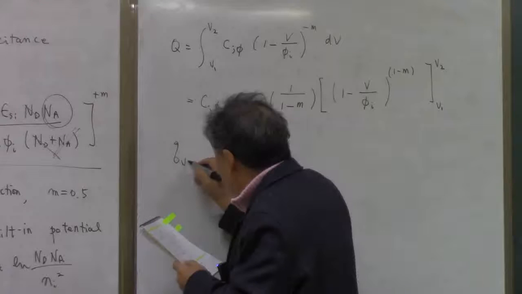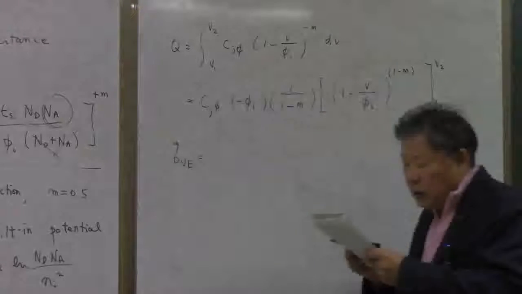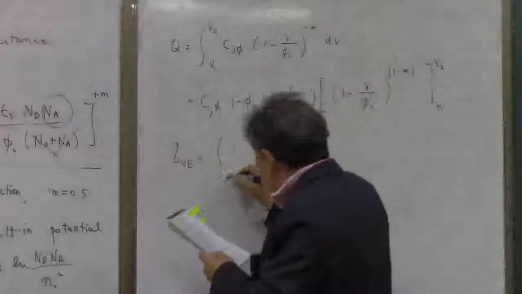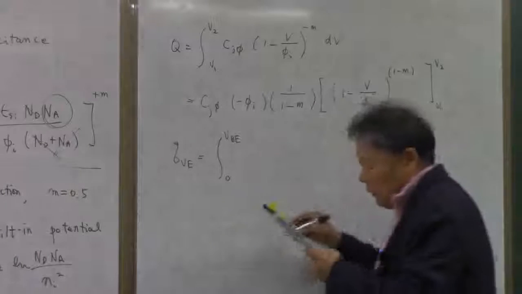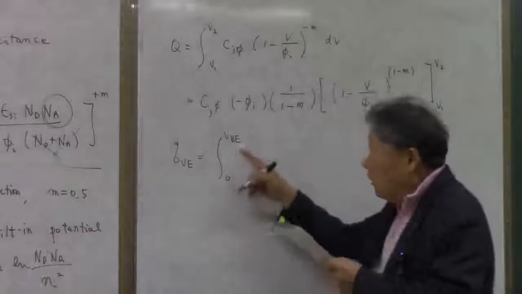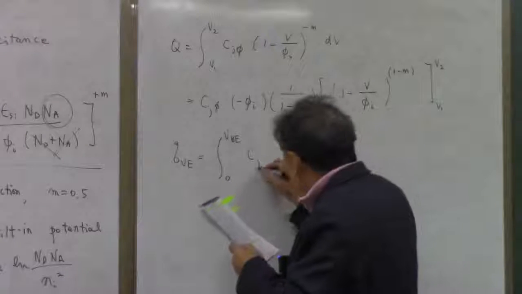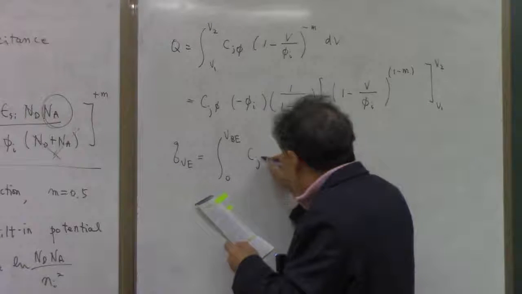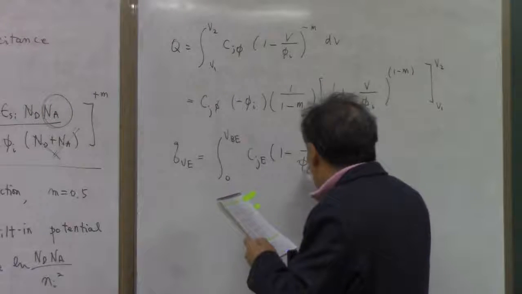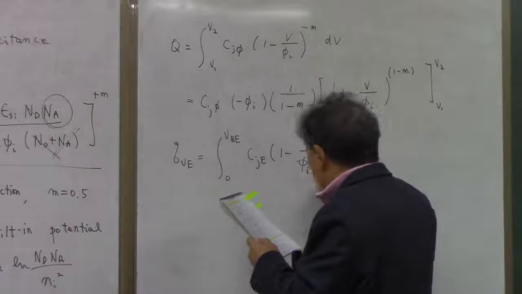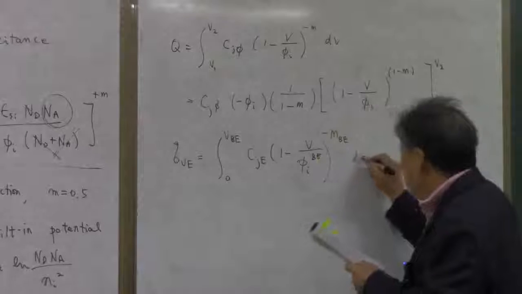So we can determine the emitter charge, which is going to be the integration between 0 volts and the emitter-base forward bias, V E, of C J phi I, 1 minus V over phi I to the minus m dV.